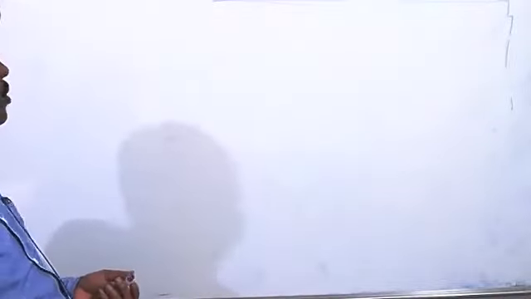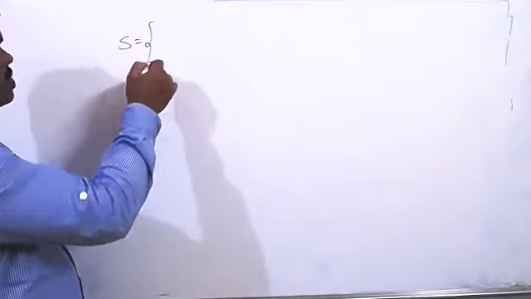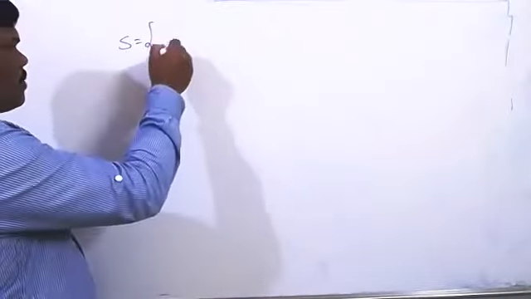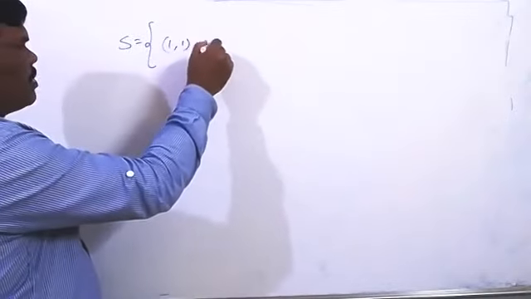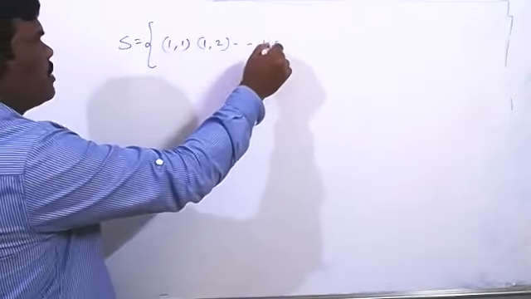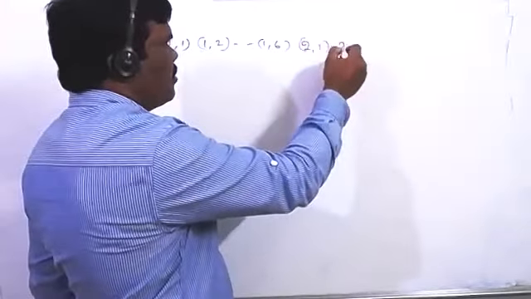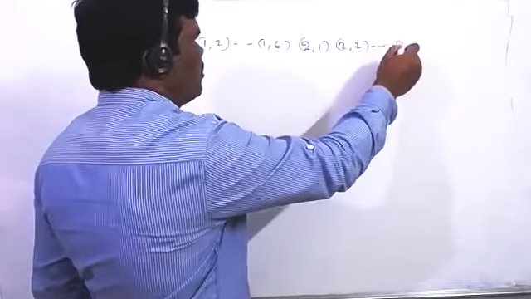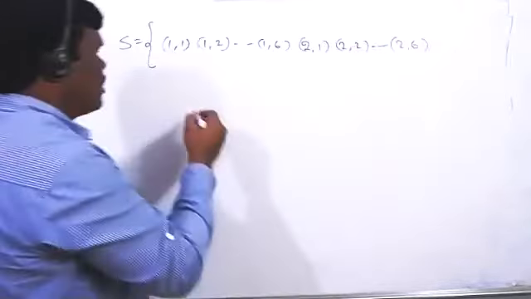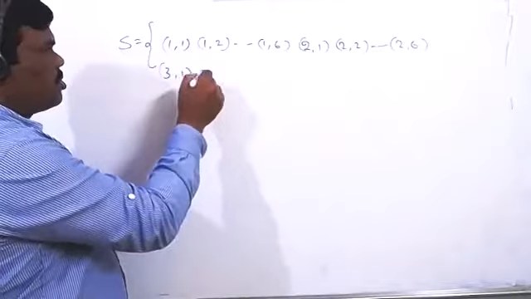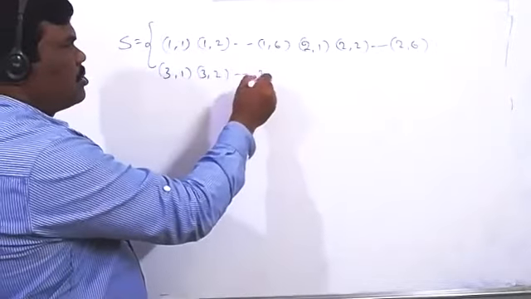Okay, but now we have to verify it. How many dice will be thrown here? Two dice are thrown, and we know the sample space very well. What is the sample space here? 1 comma 1, 1 comma 2, so on up to 1 comma 6. Next 2 comma 1, 2 comma 2, so on up to 2 comma 6. Next 3 comma 1 up to 3 comma 6.